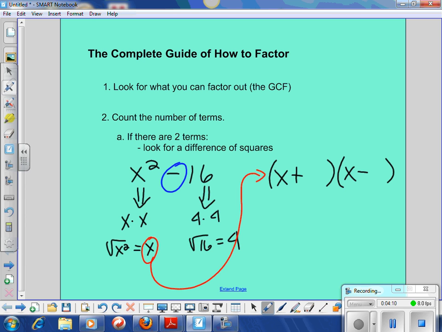And then we take the square root of our last term, which is 4, and that goes into the last position for each of the factors. So it becomes the sum of x plus 4 times the difference of x minus 4. This is a difference of squares. You can only do a difference of squares if you have 2 terms.